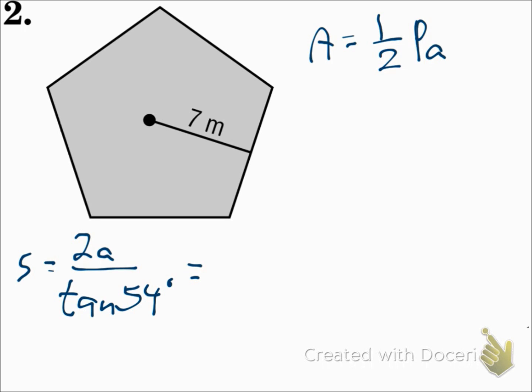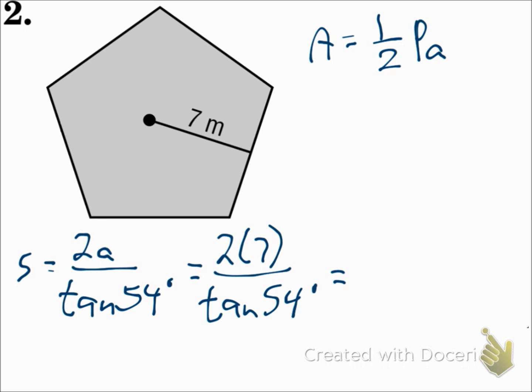So 2 times the apothem here, which is 7, divided by the tangent of 54 degrees is about 10.17.